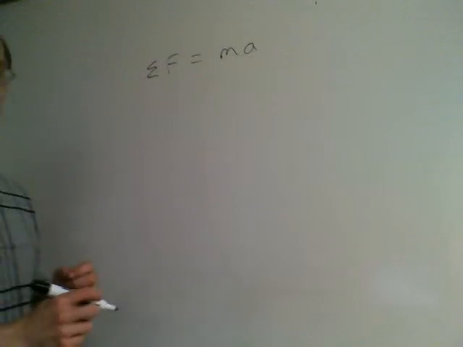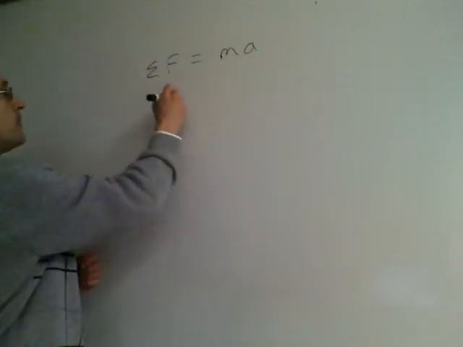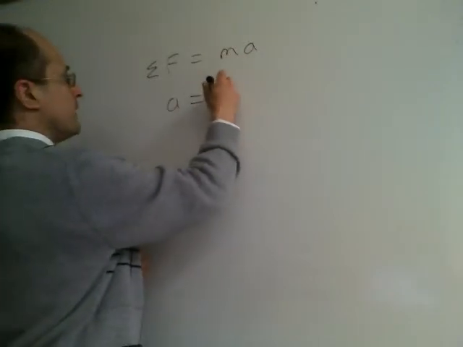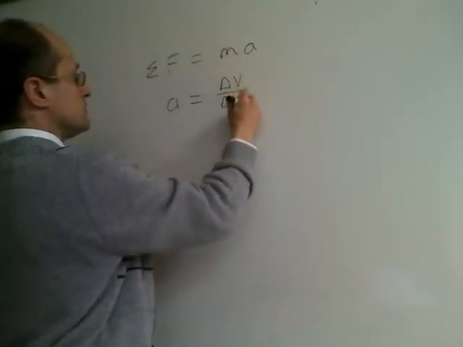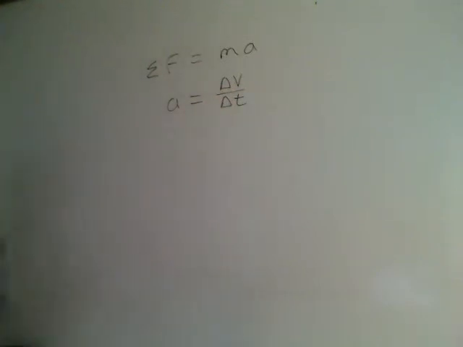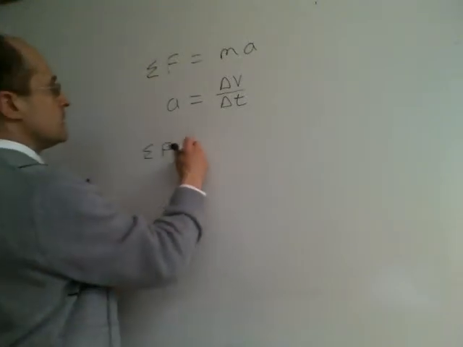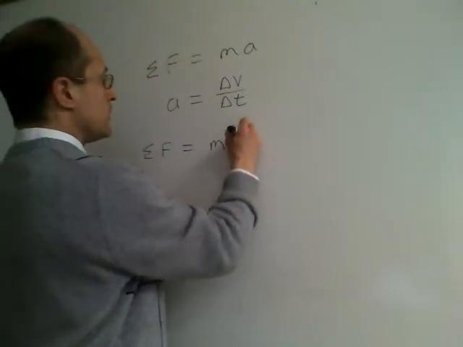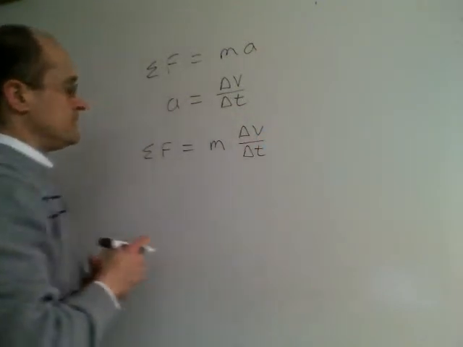The first thing to remember is that we define a as the change in velocity over some change in time. So the sum of the forces is equal to m times delta v over delta t.